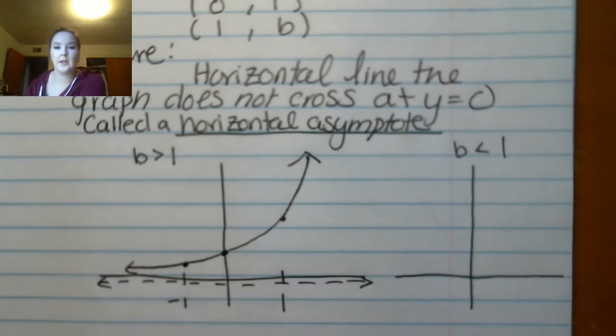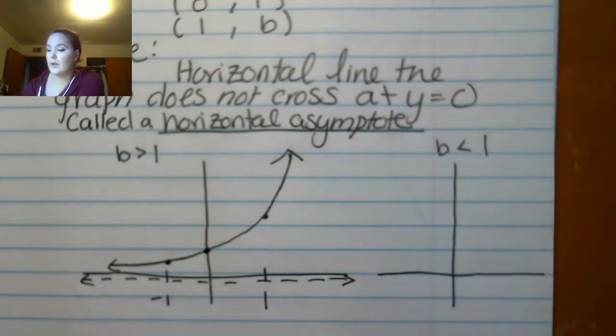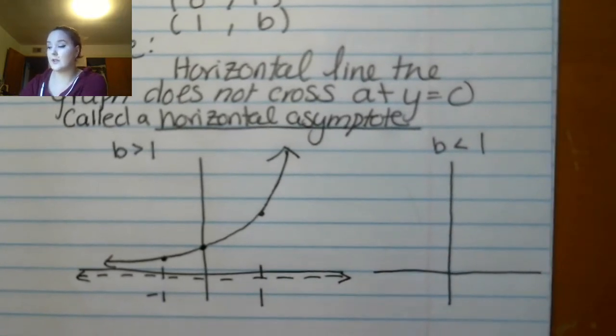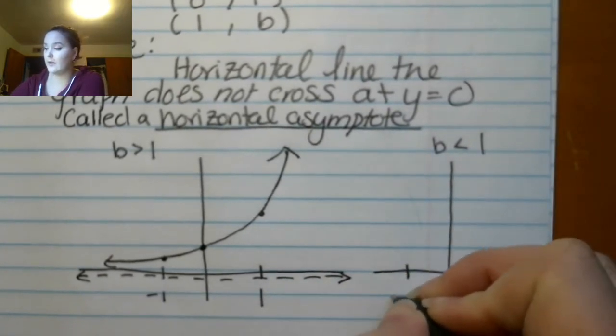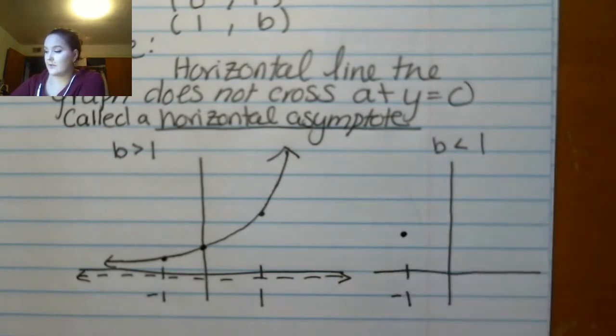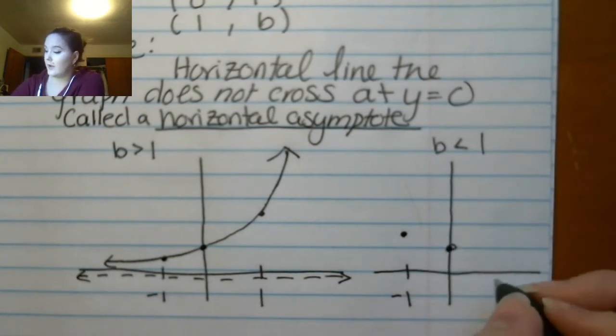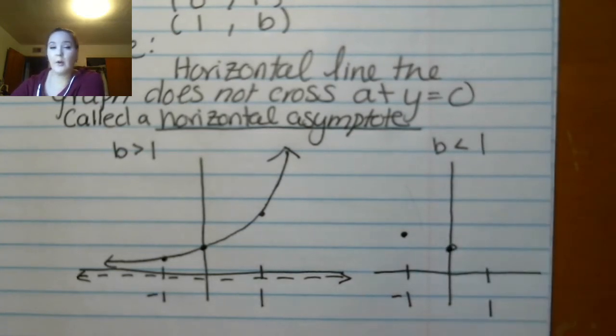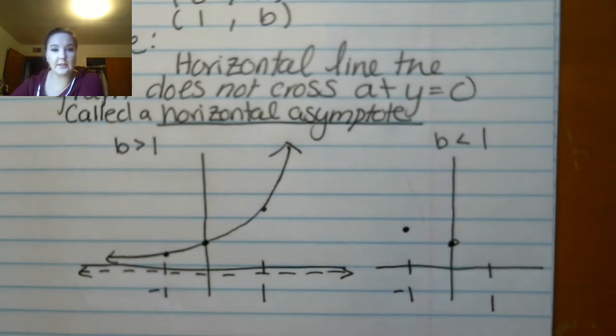Now if b is less than 1, then 1 over b is going to be a number bigger than 1, so it's going to be something like this. The point 0, 1, and then 1 comma b, because b is something that's less than 1, is going to be something that's less than 1.